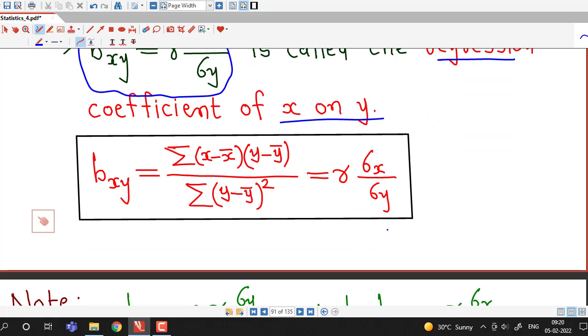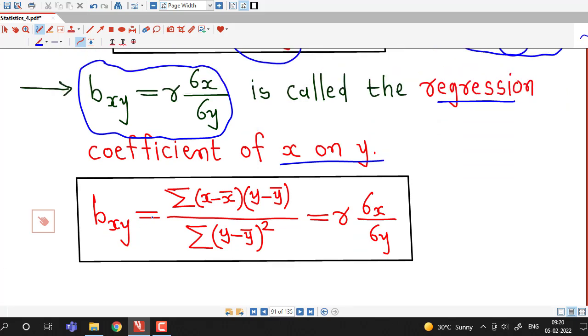So these are the formulas for the regression coefficient of x on y: bxy equals the sum of x minus x bar times y minus y bar, divided by the sum of y minus y bar whole square, equal to r times sigma x by sigma y.